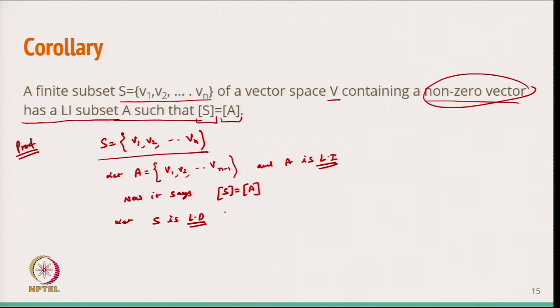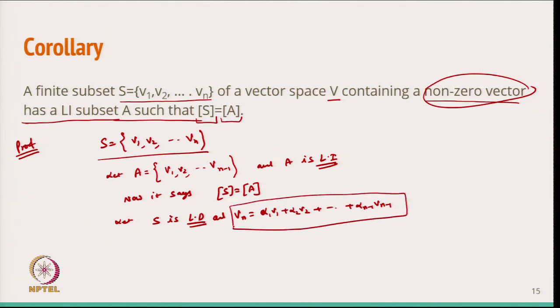So, I can write that Vn can be written as a linear combination: alpha 1 V1 plus alpha 2 V2 up to alpha n minus 1 Vn minus 1, because suppose the vector Vn can be written as a linear combination of the previous ones.